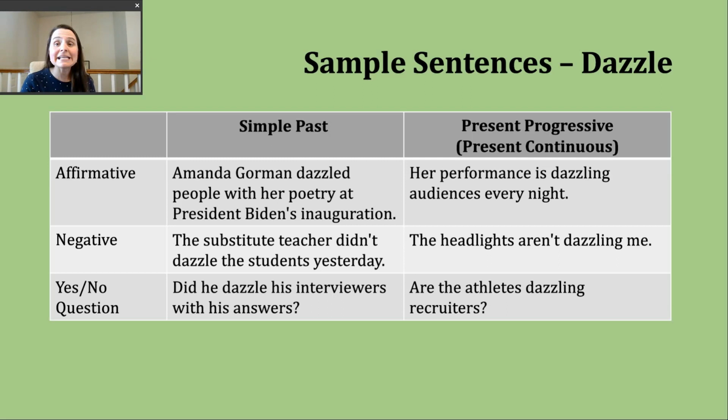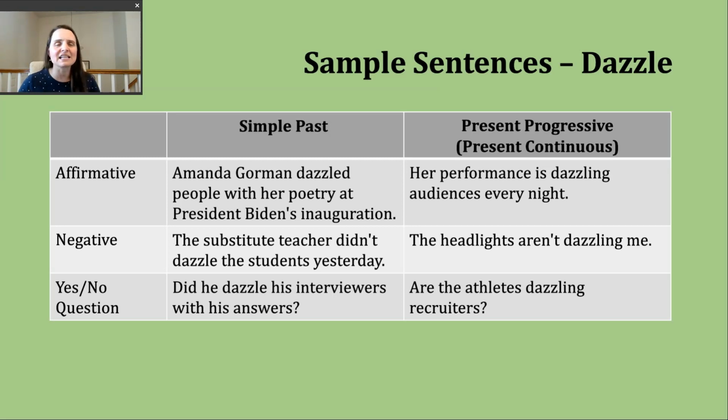Finally, if we want to make a yes or no question in the present progressive, we're going to do this by starting with the present form of be, then we're going to have our subject, and then the ing form of the verb. You can see that in the example, are the athletes dazzling recruiters? So again, we're back to that meaning of impress, right?